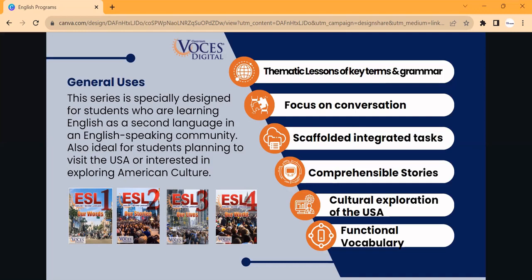We also include one integrated and comprehensible story per unit that can be used for making students connect with different events and discuss how that can be something meaningful for them. There is also cultural exploration of the USA, as I've mentioned before, and we use language functionally.